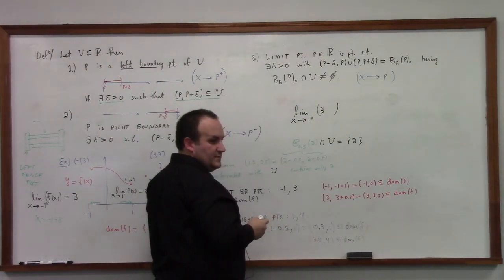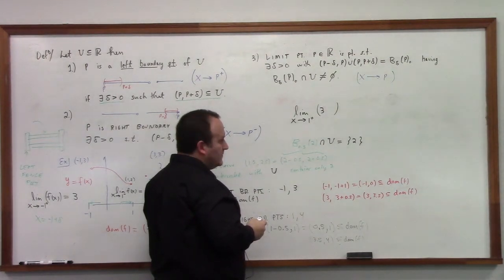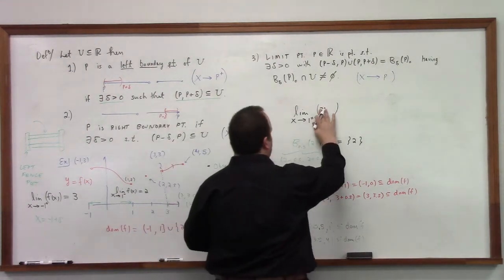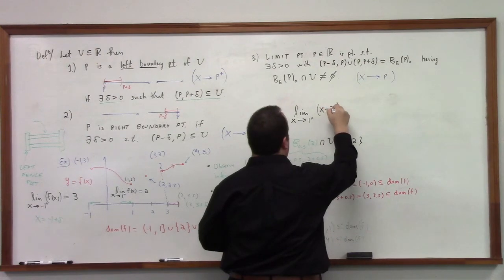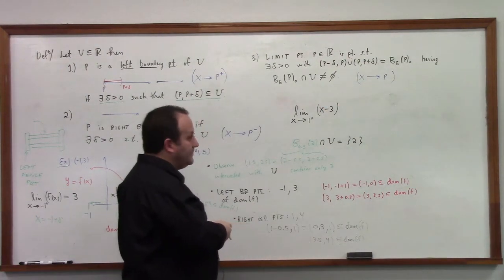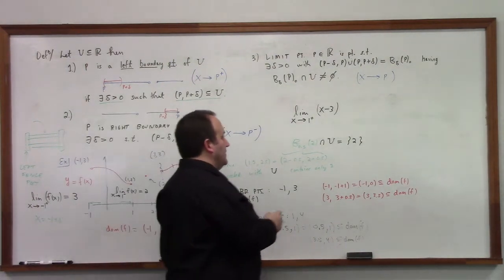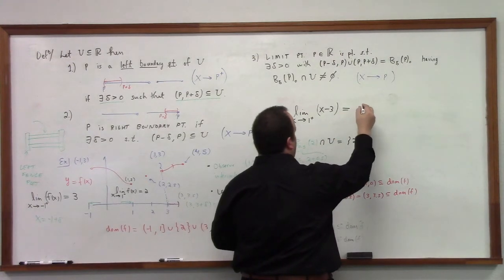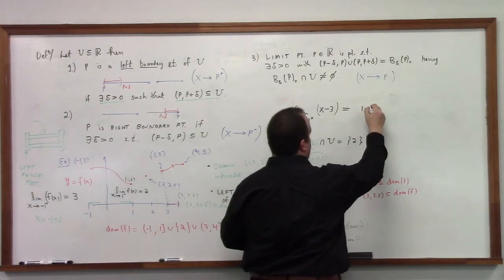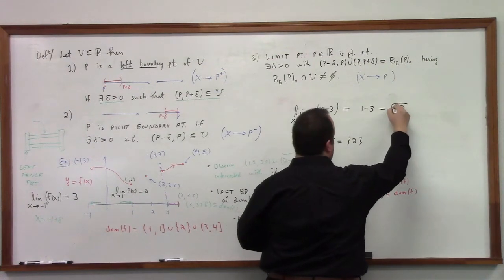Let's say 3.5, that's a good number. Let's say we put x minus 3. Now, do we have to substitute the x? The limit as x goes to 1 of x minus 3. This kind of limit, with the limit laws, we just plug in the 1 and we go 1 minus 3. So we get -2.